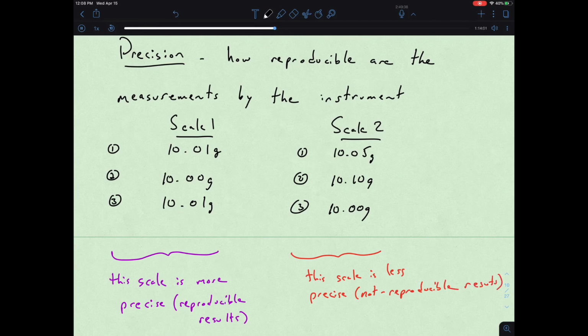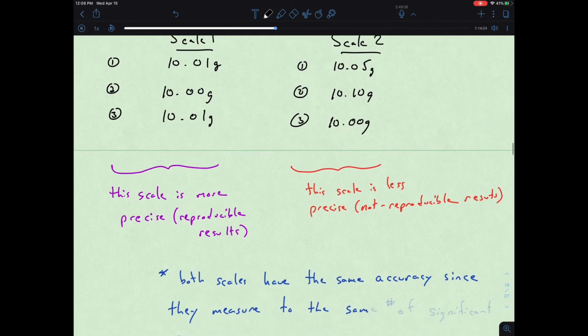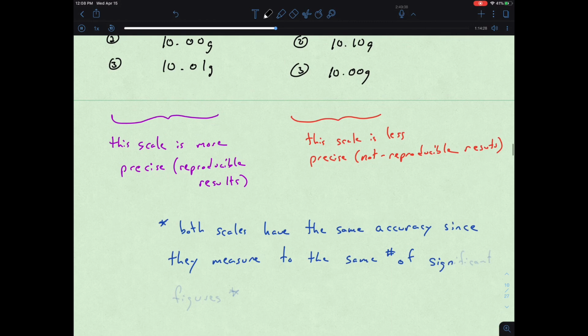And one thing to note is that both scales have the same accuracy, since they measure to the same number of significant figures.